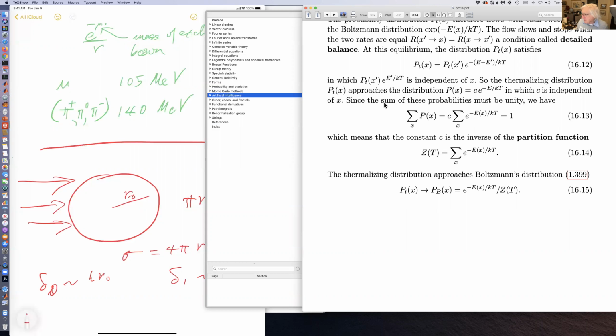I think what might be a nice compromise: we actually have several classes left. I could do Monte Carlo methods, and I could start them Wednesday.